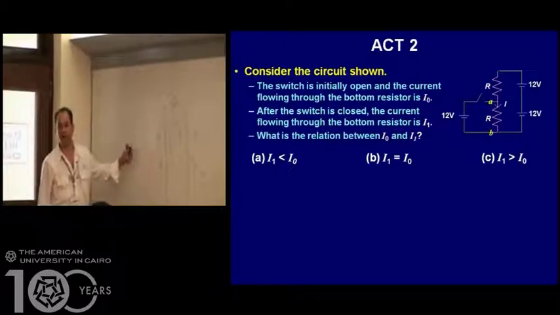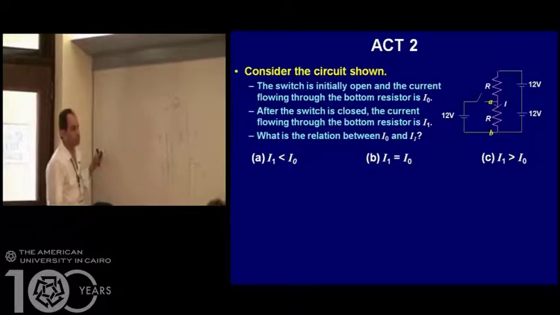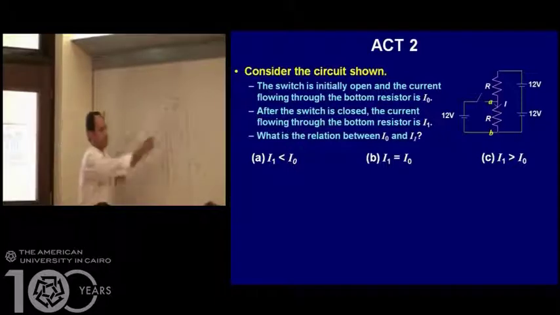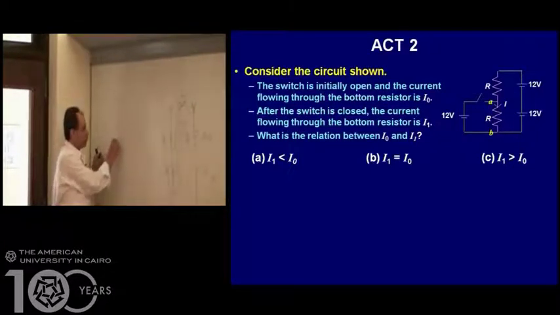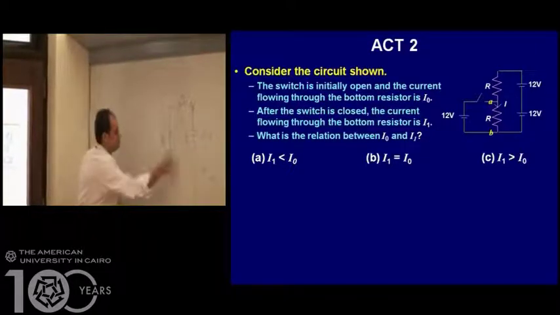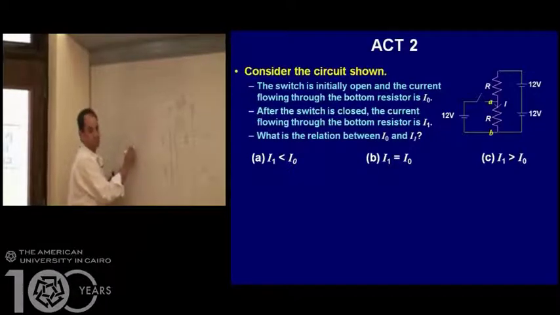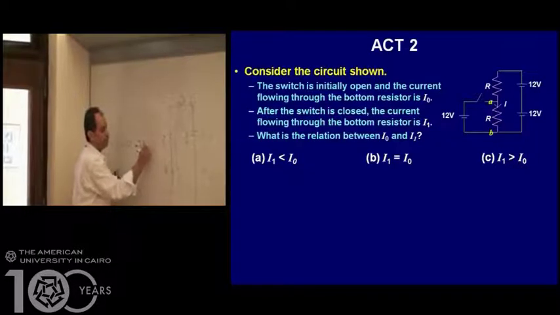So guys, we need to calculate the current in this resistor. I'm going to apply Kirchhoff's voltage law, and I'm going to start from any point. That point. 12 volts, negative, minus 12 volts, another negative, negative I times R, negative I times R equals 0.